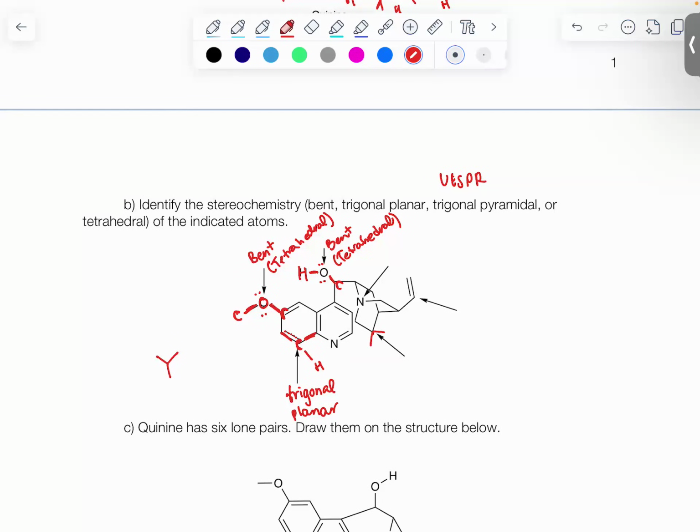Moving along here, we have these 2 hydrogens to add, and that makes this carbon have 4 substituents on it, so that will be tetrahedral. Here we have the same as we saw earlier, where there's 2 carbons, one is a double bond, and then we have 1 proton. This will also be trigonal planar.